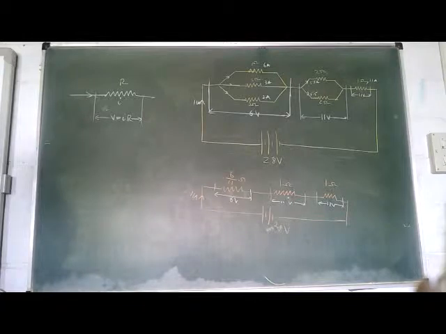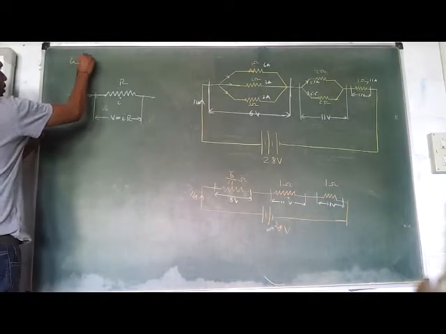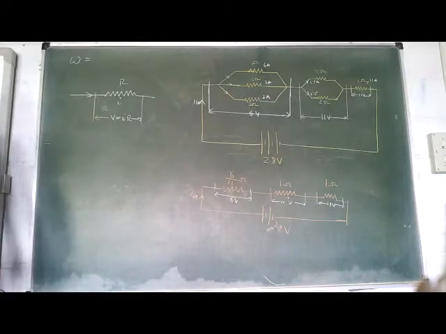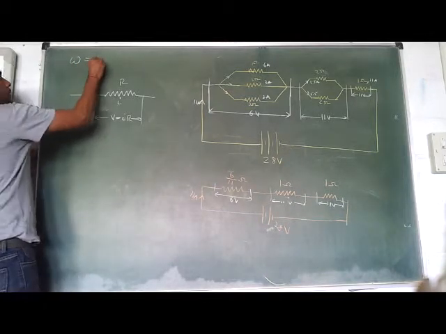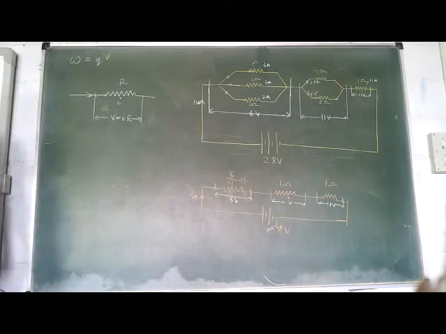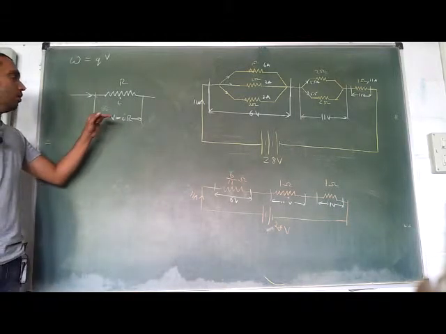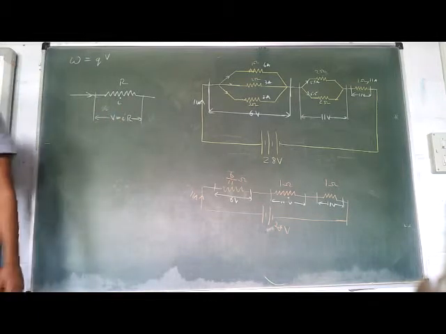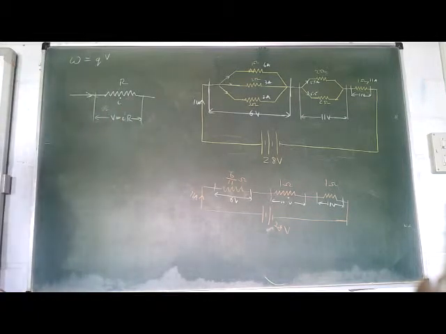What was the formula in the first class? Tell me, anybody? The work was equal to what in terms of potential? Q into V, right? Now I want it in terms of potential and current, then I can write Q in terms of current or not.